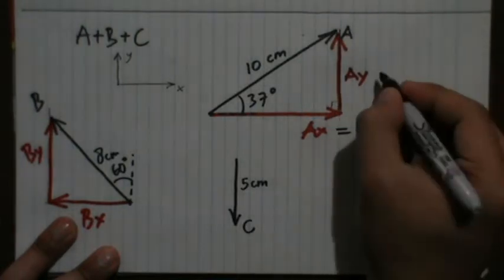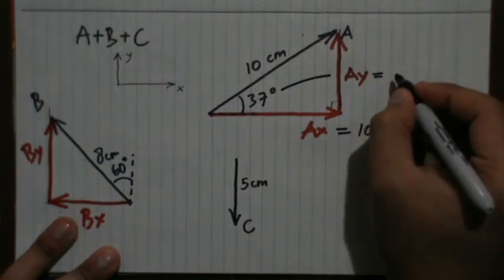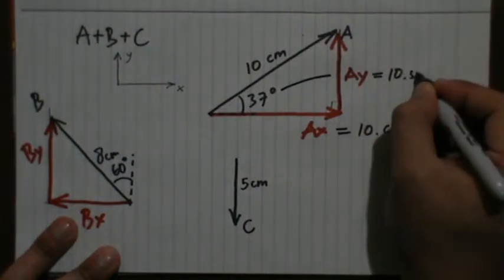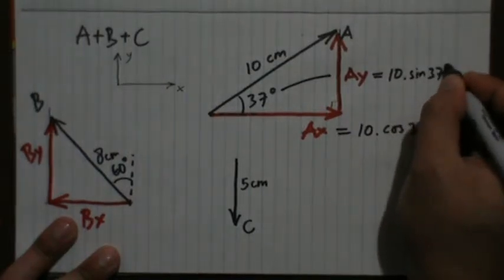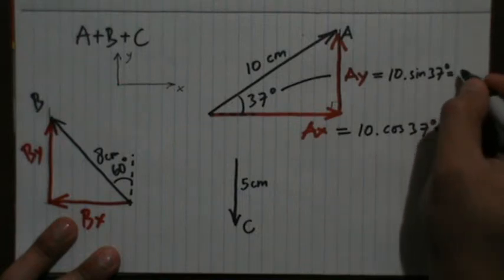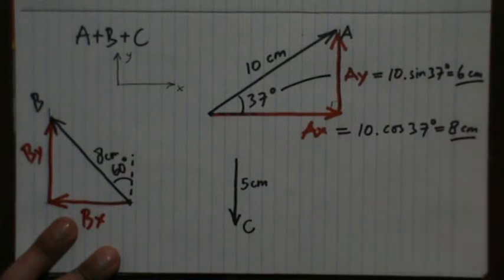And now for AY here, because it's opposite of 37 degree, the value is 10 times sine 37, and sine 37 is around 0.6, so you will get 6 centimeter.